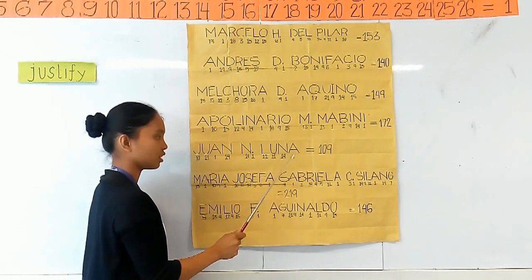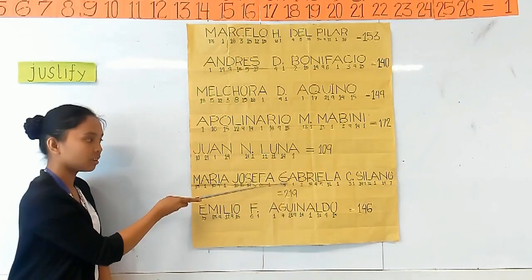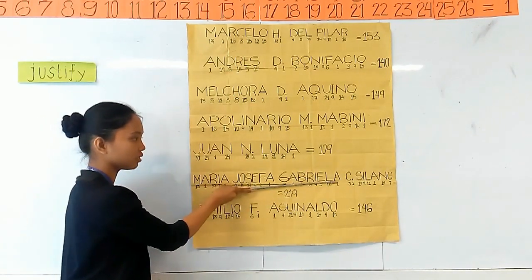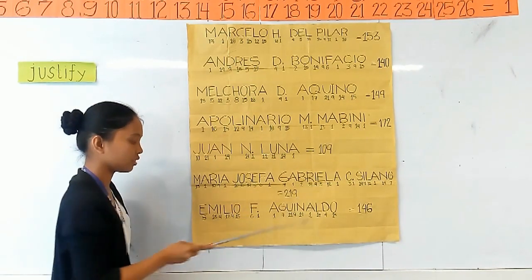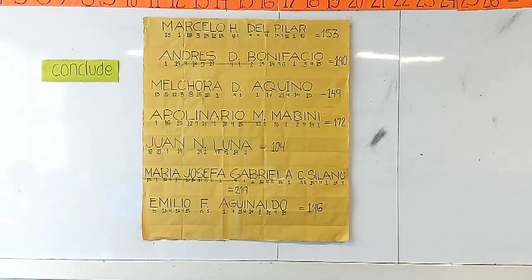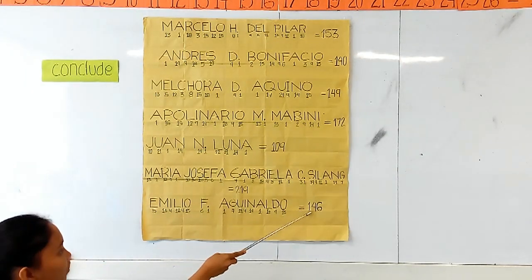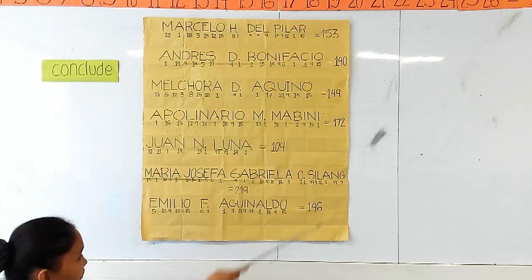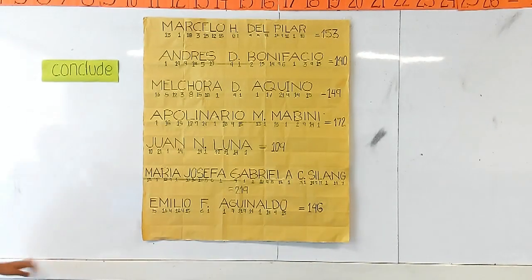Juan N. Luna is equal to 109. Maria Josefa Gabriela C. Silang is equal to 219. And last, Emilio F. Aguinaldo is equal to 146. With that, we can proceed to our last step.